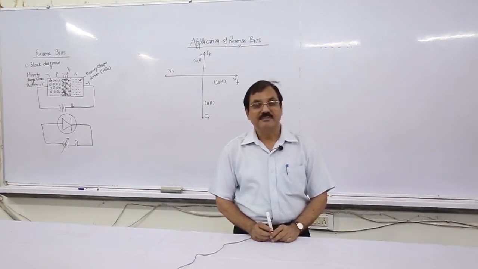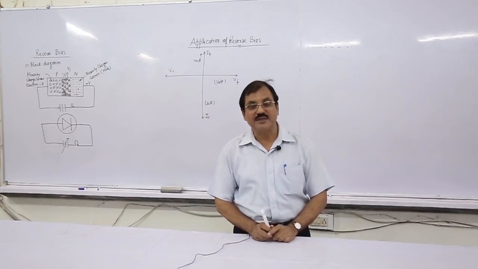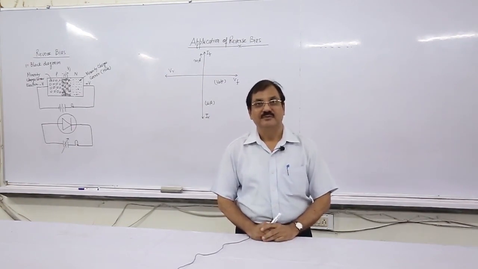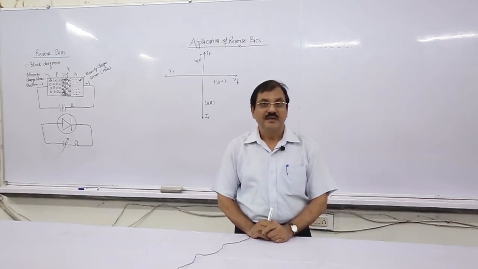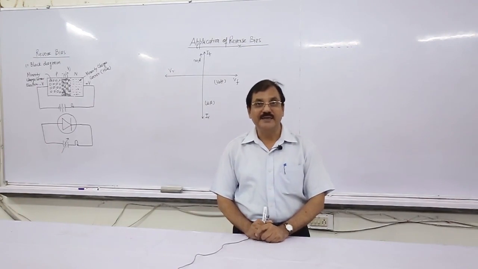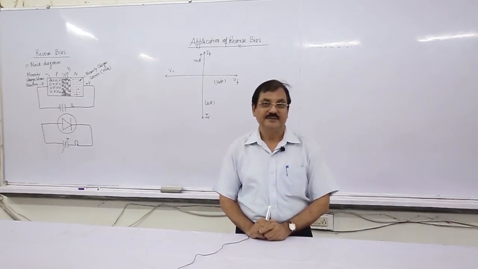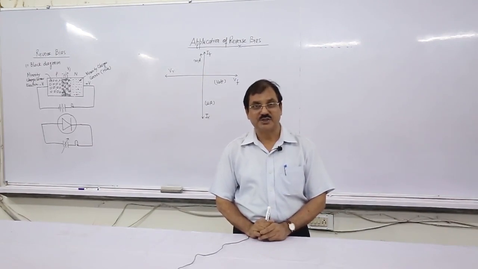These biasing concepts are taken from the natural motion of electrons across the junction when there is no external field. If the same direction is maintained with the application of an external field, then it is called forward bias.